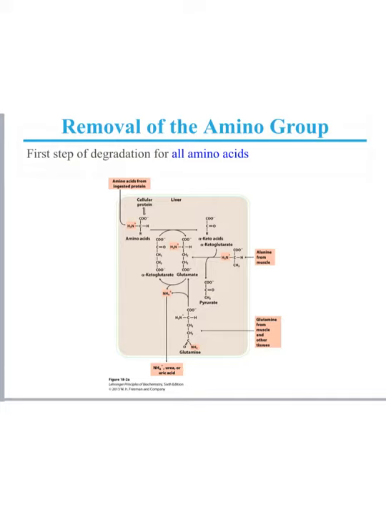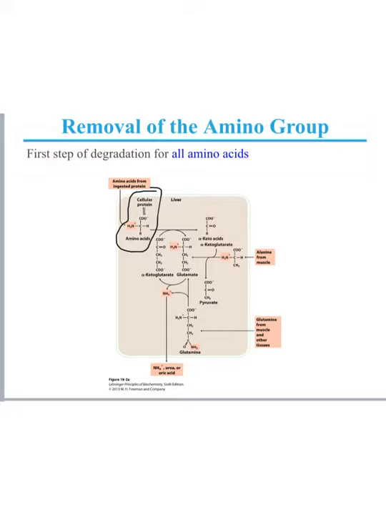Okay, so the first step in the degradation of any amino acid is to remove that amino group. Here we have the generic structure of an amino acid, with the alpha carboxyl group, the alpha amino group, the R group, and the hydrogen.